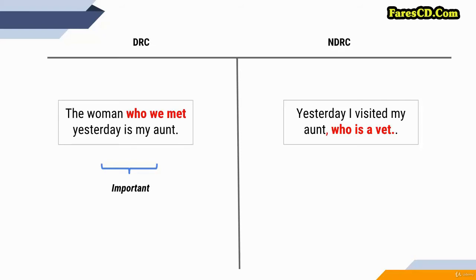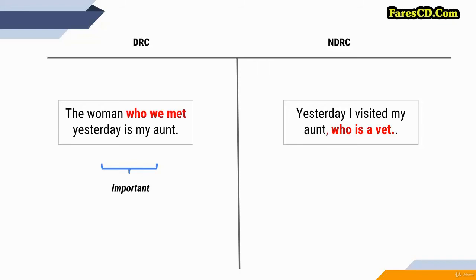The woman who we met, in this case, it's clear. And this part, who we met, is important. When the part is important, it can't be skipped from the sentence, and grammatically speaking, it's called defining relative clause.